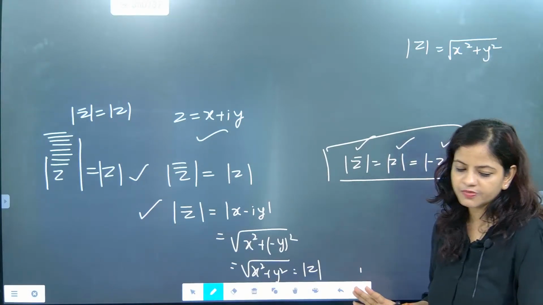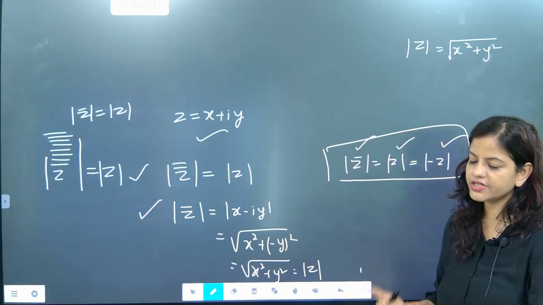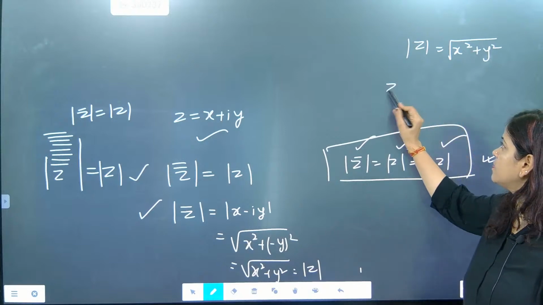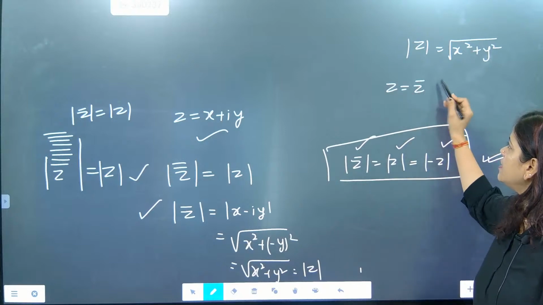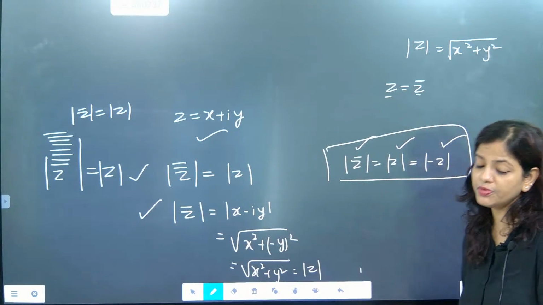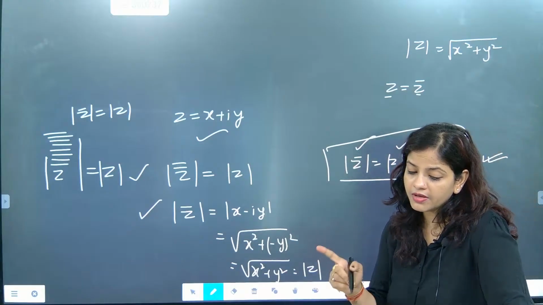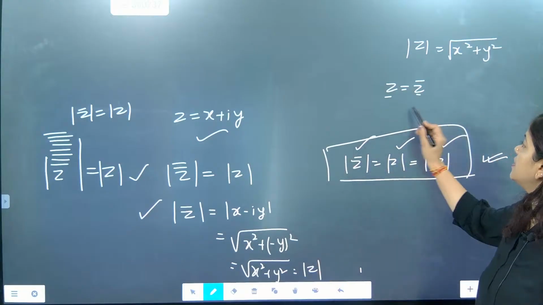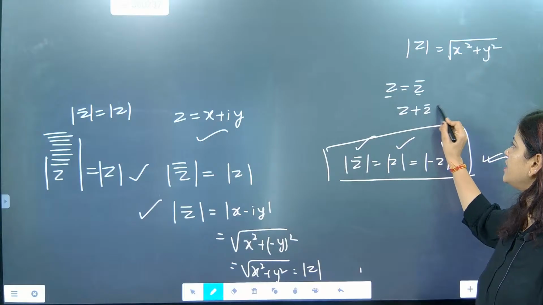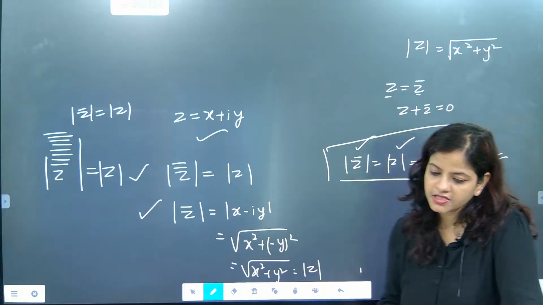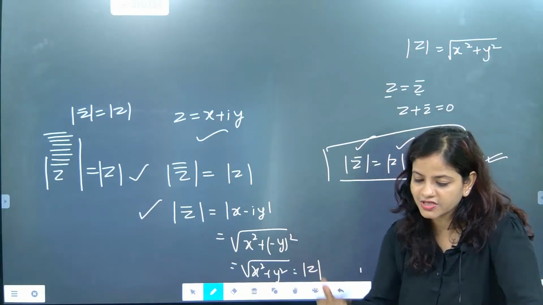Did you understand this part, beta? So z is equal to z bar when the complex number is purely real. z plus z bar equals 0 when the complex number is purely imaginary.